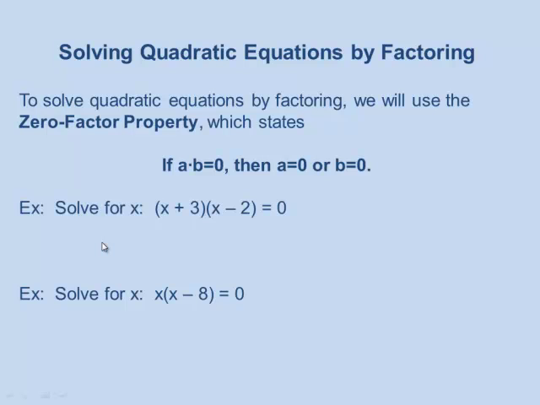All right, let's look at solving quadratic equations by factoring then. To solve quadratic equations by factoring, we will use the zero factor property, which states if you have an equation that is set equal to 0, and this is the key, your equation must be set equal to 0, and you have multiplication in that equation, then the only way that equation can be true is if A is equal to 0 or B is equal to 0.